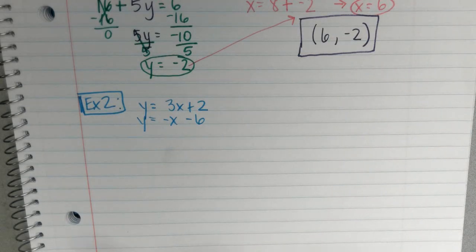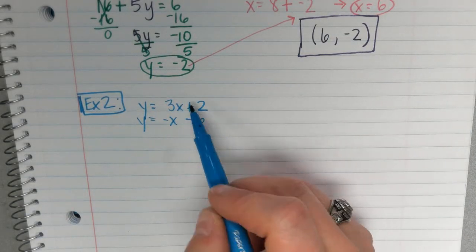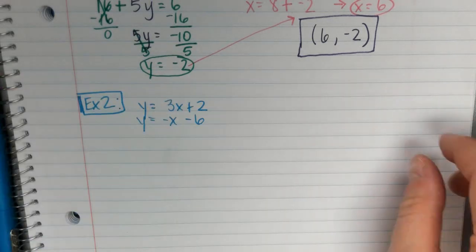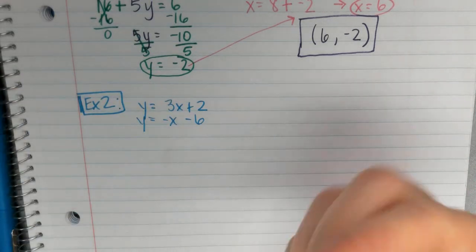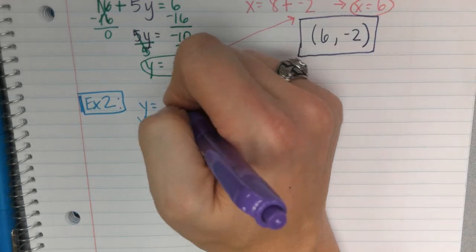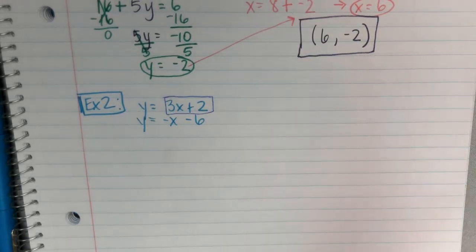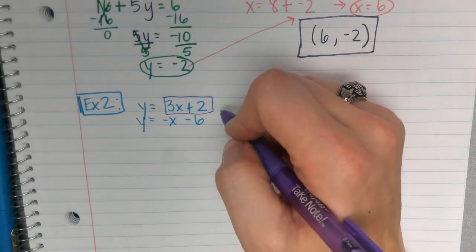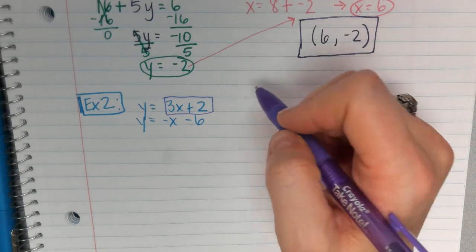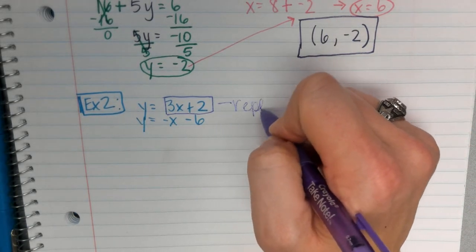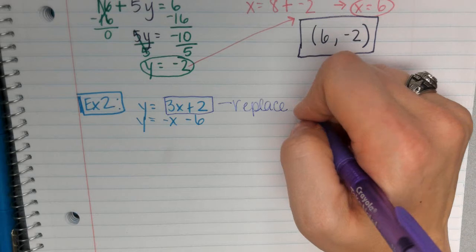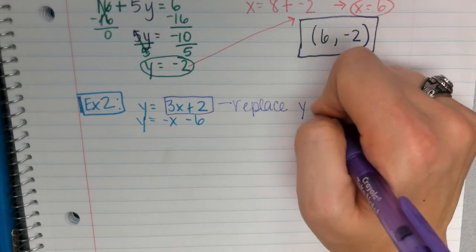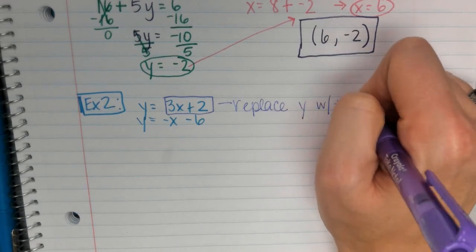So this time, since they give you what y equals, we're going to box that off. And now this, you're going to replace y with the box.